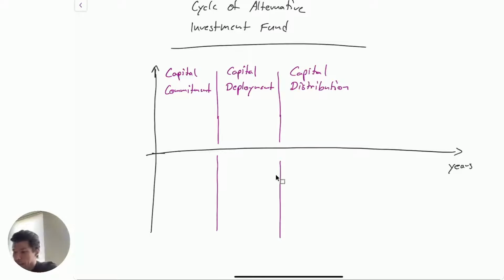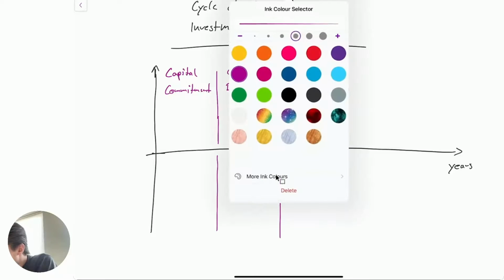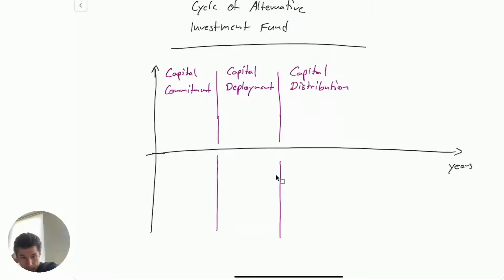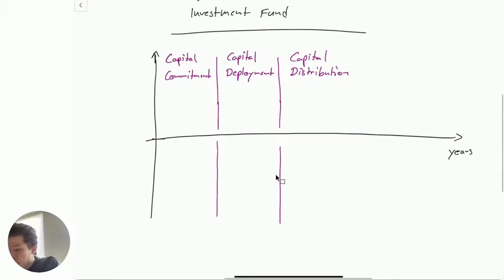to the limited partners. And what happens if we look at the cash flow side? Once the capital is committed, the fund starts to deploy and invest and use the money. So there is cash that is invested. Usually most cash is invested here in the deployment phase.